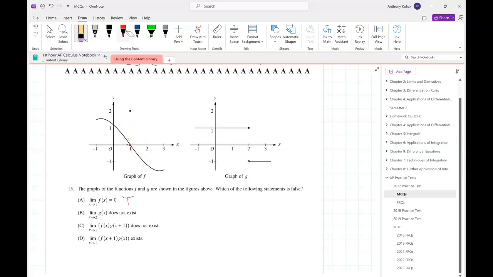So that one's true, right? That's not our answer. The next one, the limit as x approaches 2 of g of x does not exist. So there's 2 for g of x. We see the left and the right limits are heading to different values, so that does mean it doesn't exist.